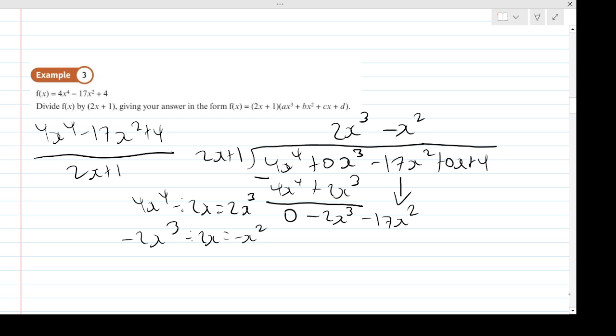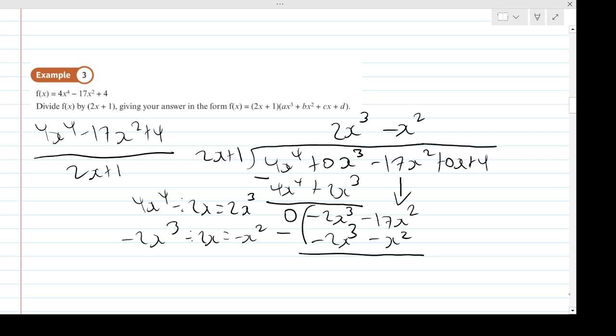Then I multiply it by every term outside: minus x squared times 2x is minus 2x cubed, and minus x squared times 1 is minus x squared. Then I take away the equations.